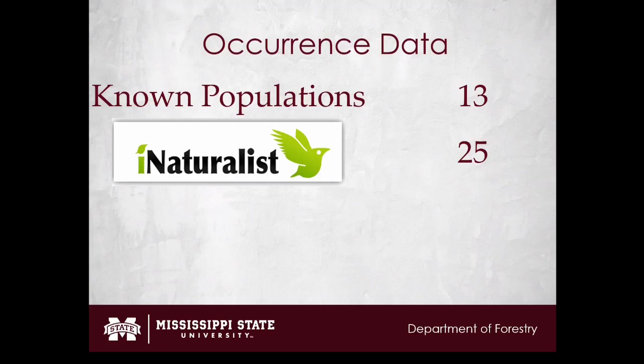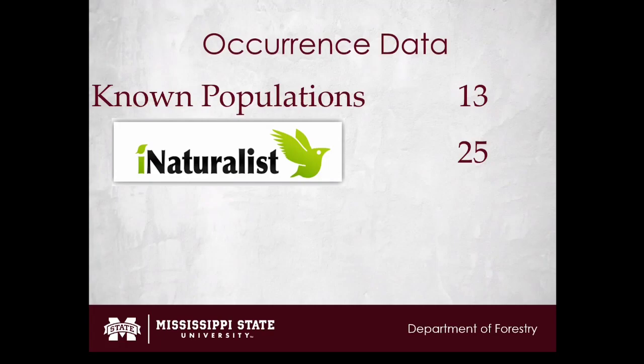And then iNaturalist has some great algorithms for identifying that species for you. And then you can post it to the World Wide Web. And if at least 2 other people on the iNaturalist platform agree with your identification, then it becomes what we call research grade. And then people like me can use those occurrences in their modeling or in their research.